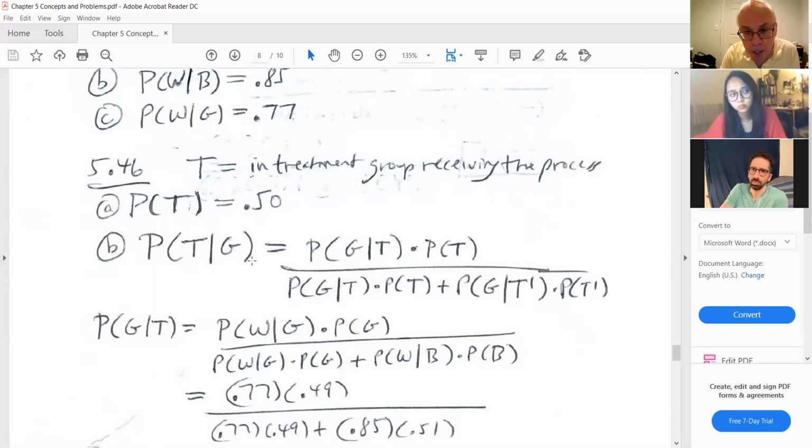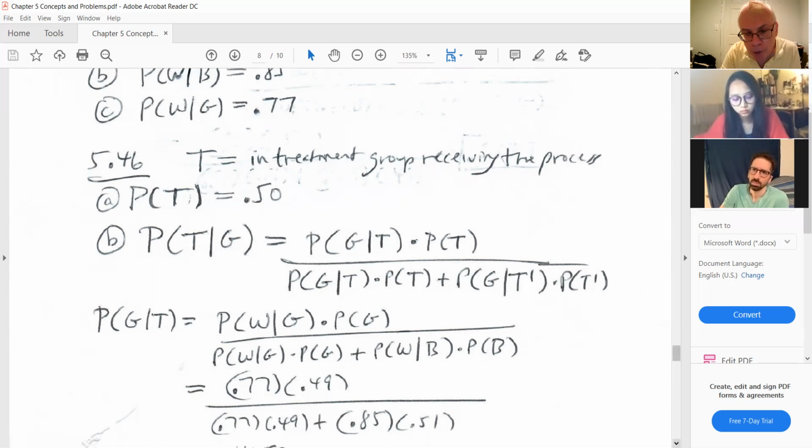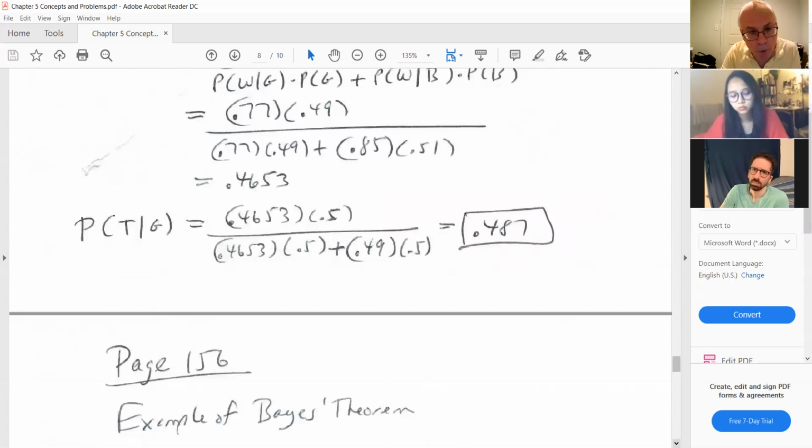So I would think the probability of being in the treatment group, given that the child is a girl, has to be a little bit less than 0.5. Just common sense tells me that. And when I got the answer of 0.487 after going through this whole rigmarole, it seemed consistent with my thinking.